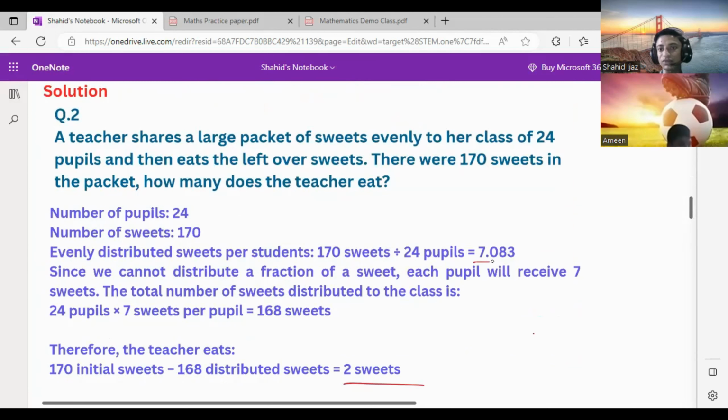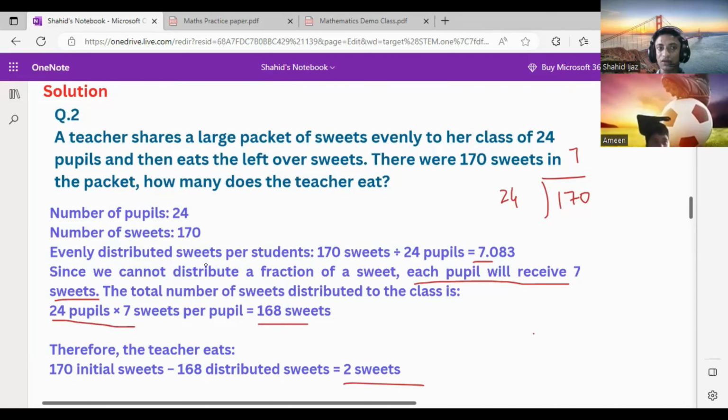This comes as we solved above, approximately 7, with 24 and 170. So each person will receive 7 sweets. The total number of sweets distributed to the class is 24 multiplied by 7, 168, as we have done.